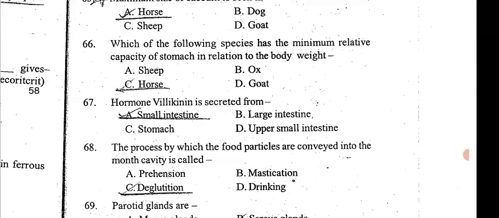The horse usually weighs around 500 kilograms, but it does not have a compound stomach. So it has a simple stomach, only one compartment, which fits the statement that it has the minimum relative capacity of stomach in relation to body weight.